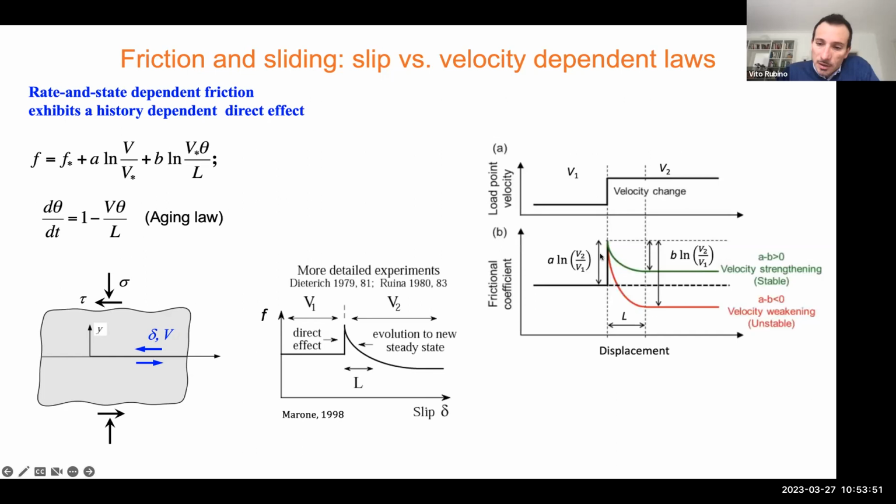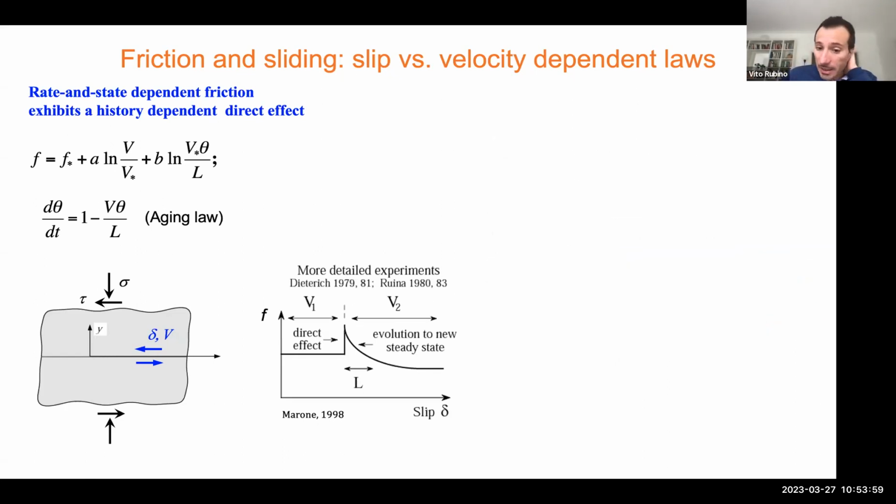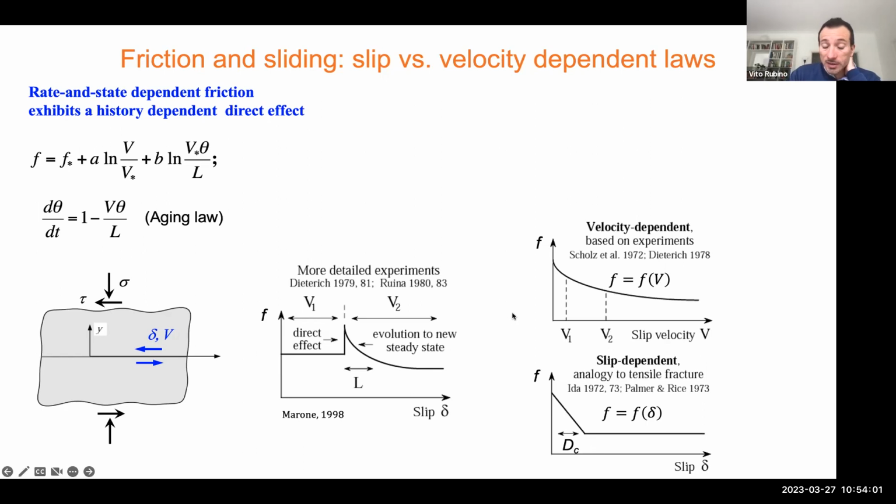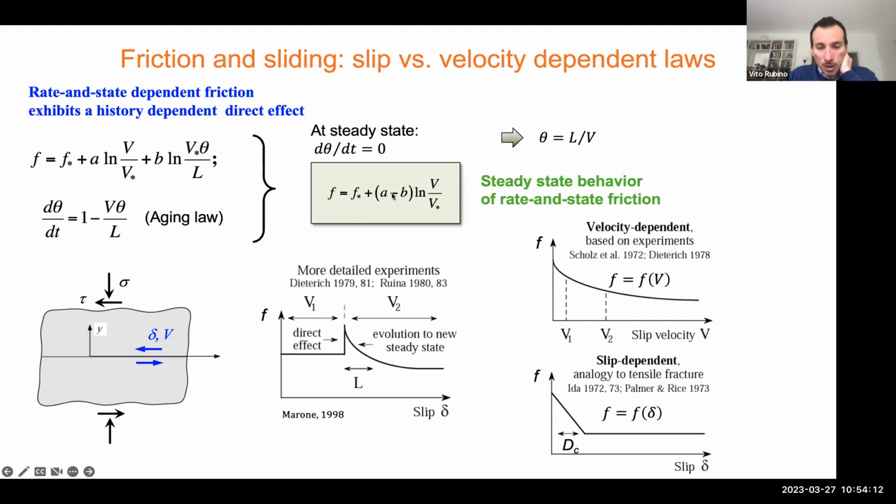Depending on whether the resulting steady state friction is higher or lower, you have velocity strengthening or velocity weakening behavior. Rate and state friction can also result in an effective linear slip weakening behavior, and at steady state it depends only logarithmically on velocity, according to this expression.